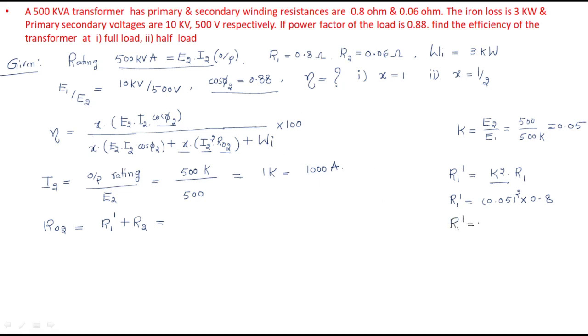R1 dash equals 0.002 ohms. Just substitute this value. What is R1 dash value and R2 value? R1 dash value is 0.002 plus R2 is 0.06. So R1 dash plus R2.